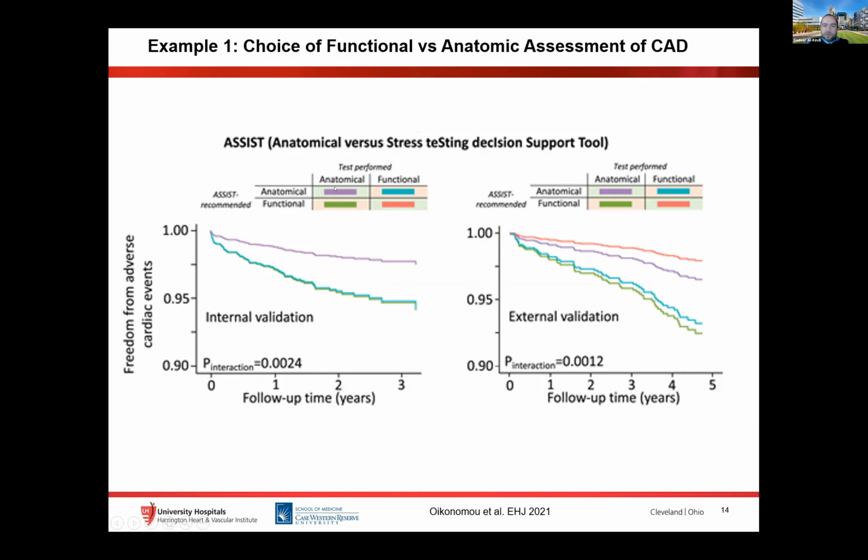This is seen in the 2 colors, purple and red, superimposed on each other, compared with if there is discrepancy between what the algorithm recommended and what test was performed, and they do much worse. This was also applicable in an external study from another trial called SCOT-HEART, and that also performed very well.